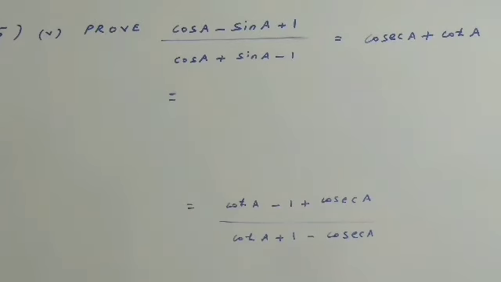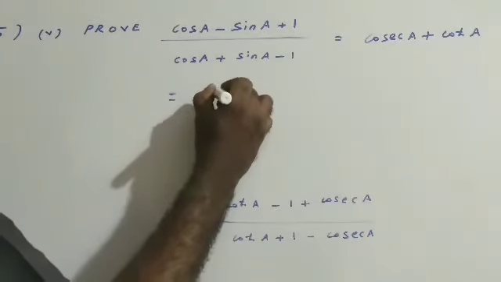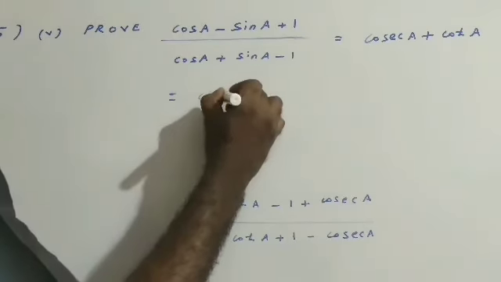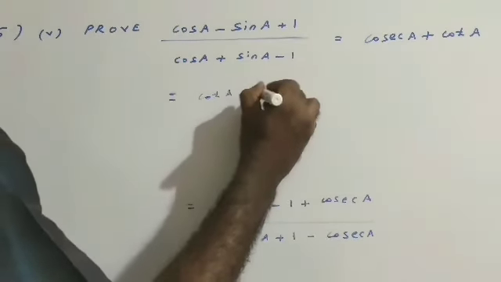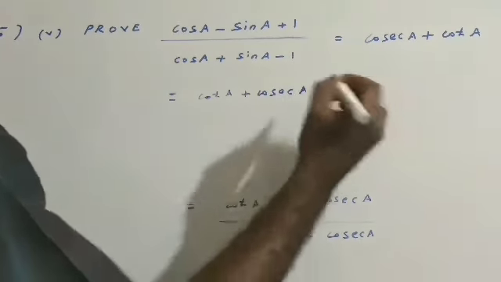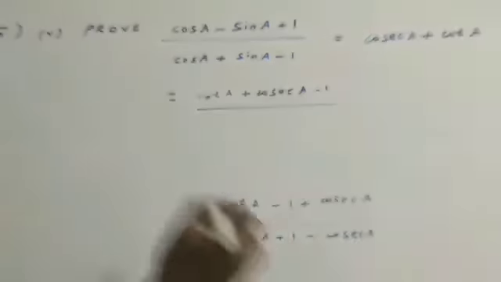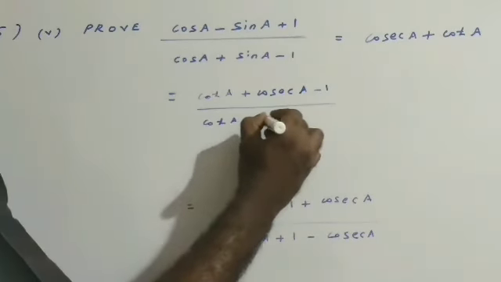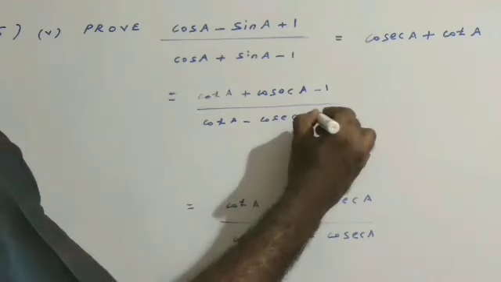Now write the term cot A first. Then write the term cosecant A. Then minus 1, divided by cot A. Then write the cosecant term, minus cosecant A plus 1.